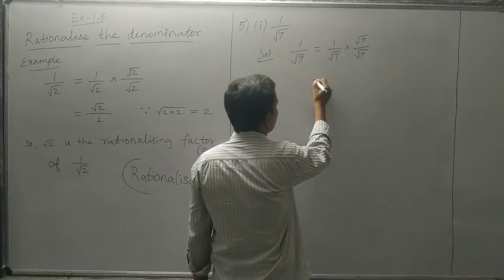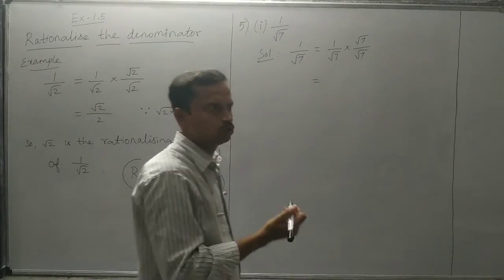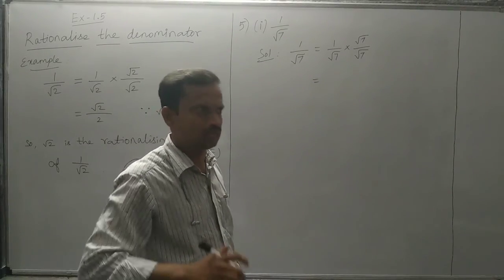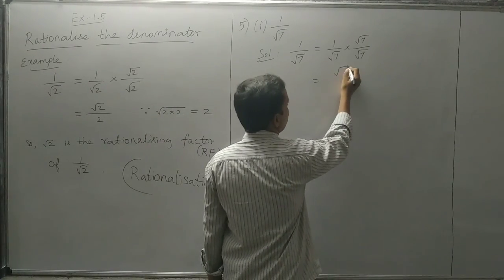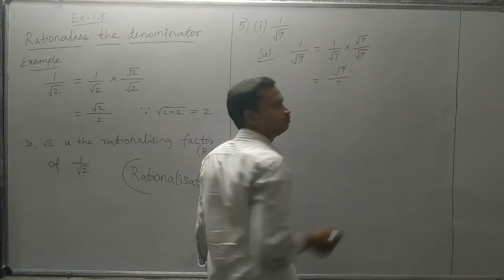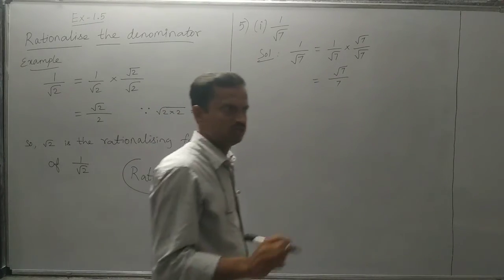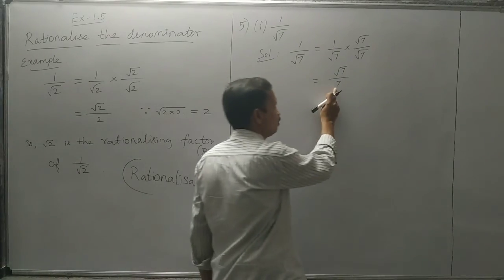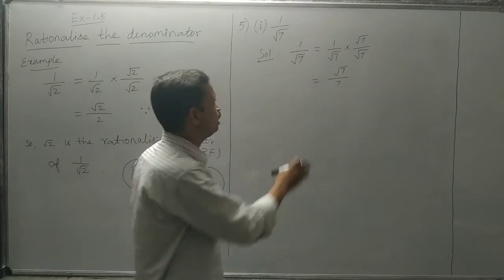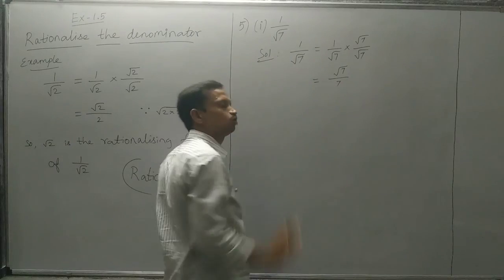You are multiplying both on numerator and denominator, so there is no change in the problem. So you get root 7 by 7. Root 7 into root 7 is 7. So now it becomes rational in the denominator. And this is the solution for the given question.